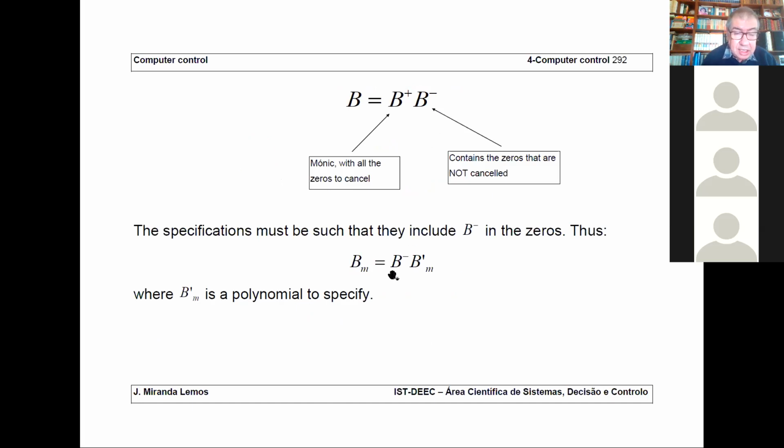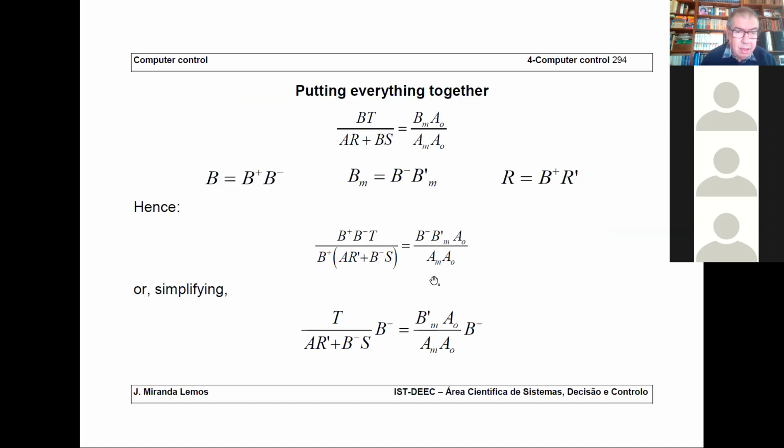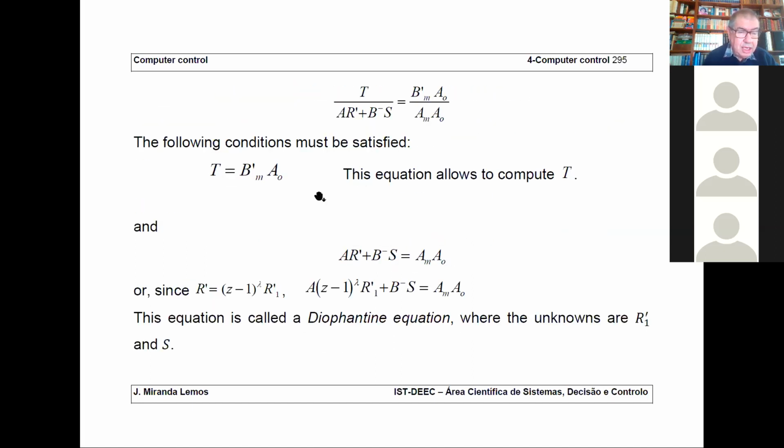One part is the zeros that you cannot cancel, and B prime M is the remaining part. Sometimes this is just a constant, okay, but it's something. Okay, so you specify B prime M, and T is nothing more than B prime M that you specified times AO that you also specify. I will tell you how to specify AO later.